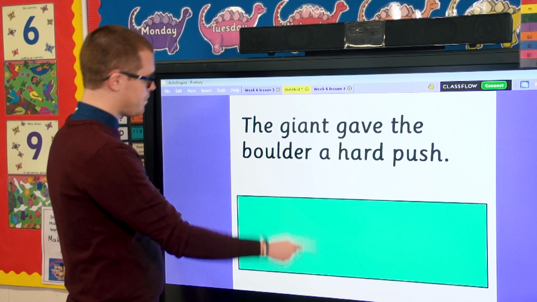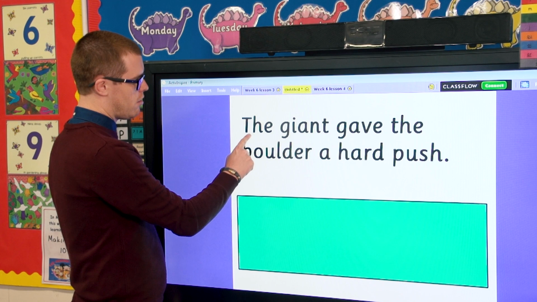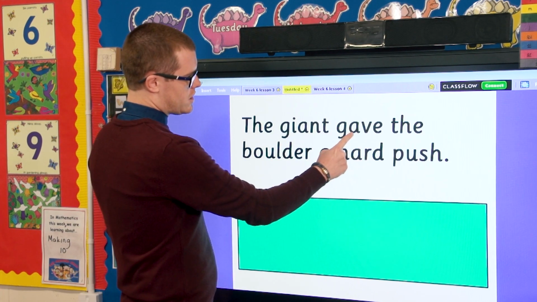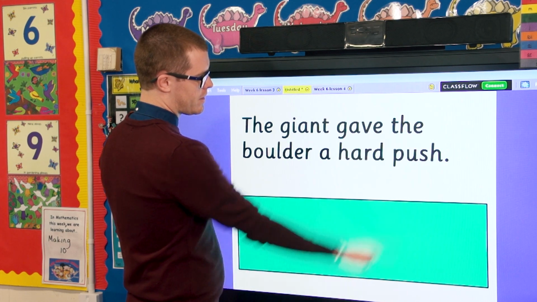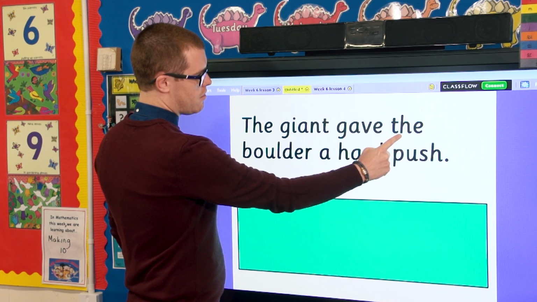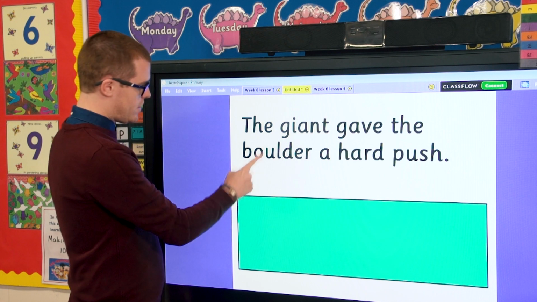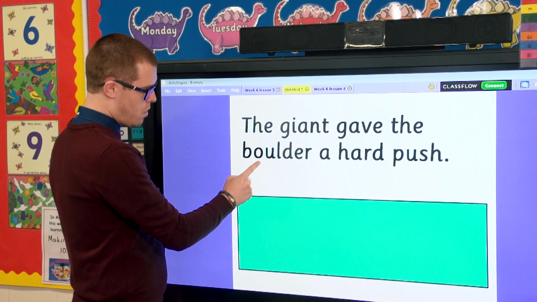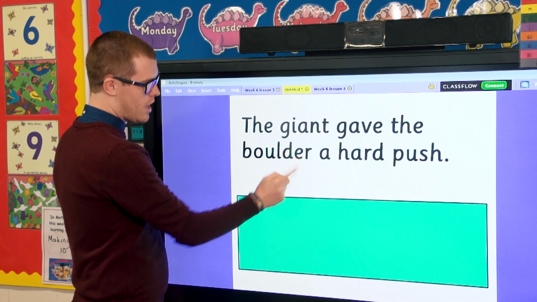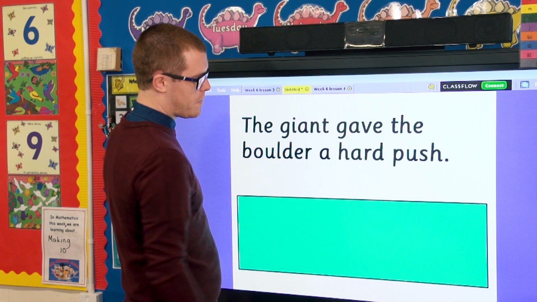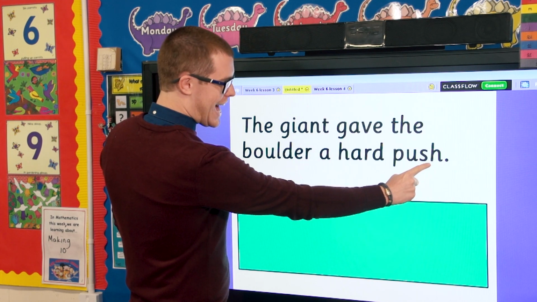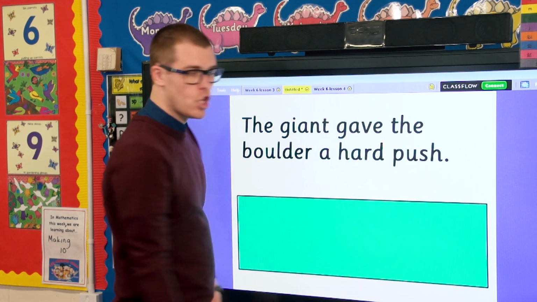Yes, that's right. This word has th. This word has the split vowel digraph a-e. This word has th. This word has o-u. This word has ar. And this word at the end has sh.